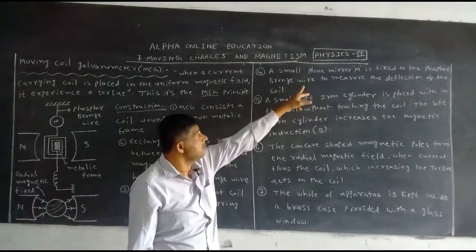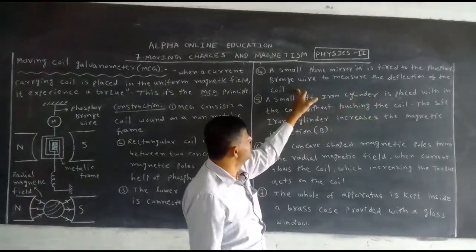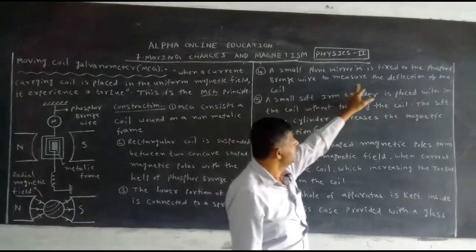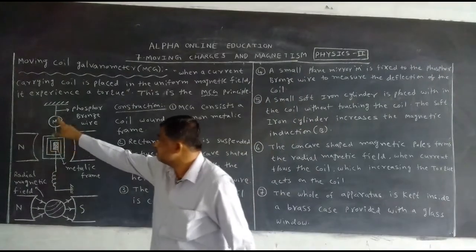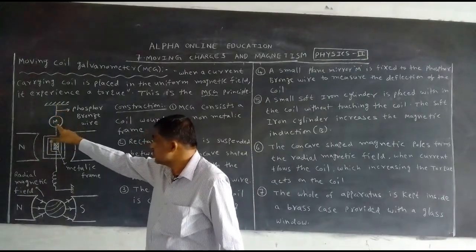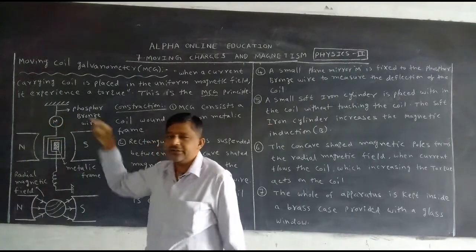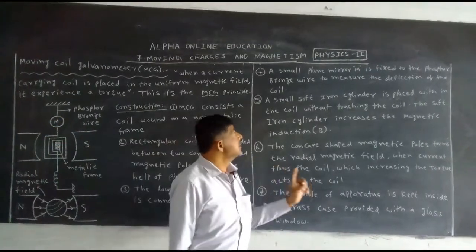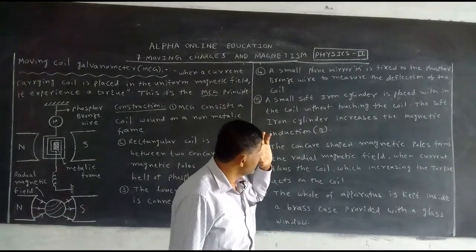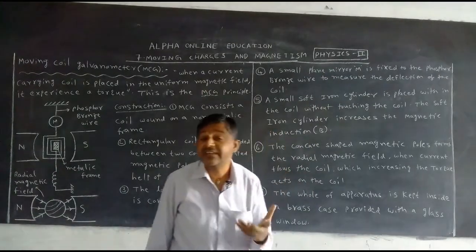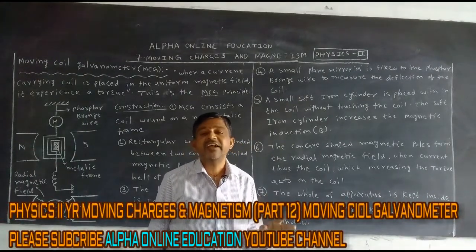A small plane mirror M is fixed to the phosphor bronze wire to measure the deflection of the coil. The first portion of the phosphor bronze wire is connected to the mirror, this plane mirror. We take the plane mirror because with its help we can find the deflection.